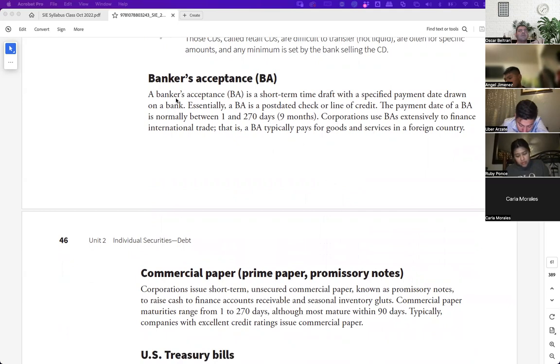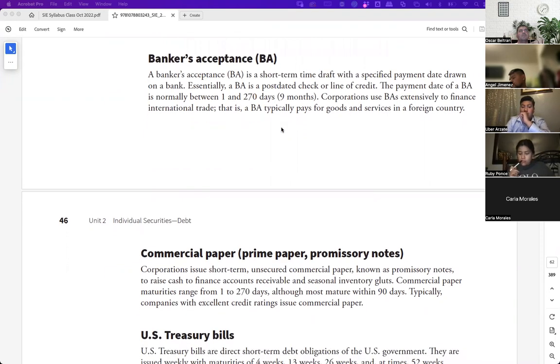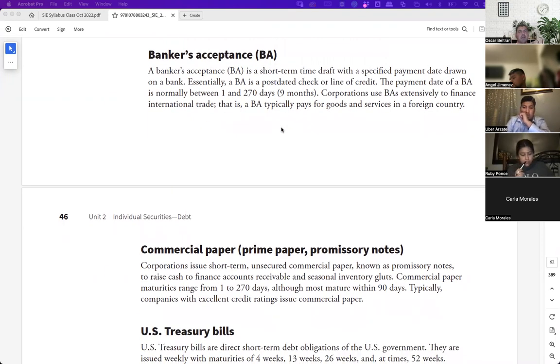A banker's acceptance is a short-term time draft with a specified payment date drawn on a bank. It has a maturity of 1 to 270 days, 9 months. So if it has less than 9 months, it could be either a banker's acceptance or commercial paper. It really depends on who creates it. If they say bank, you're going to think banker's acceptance.